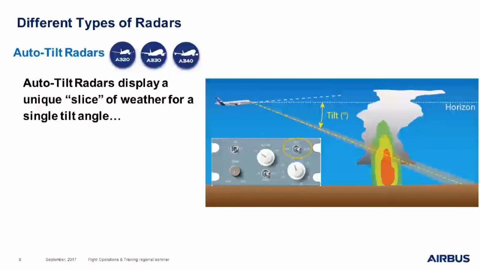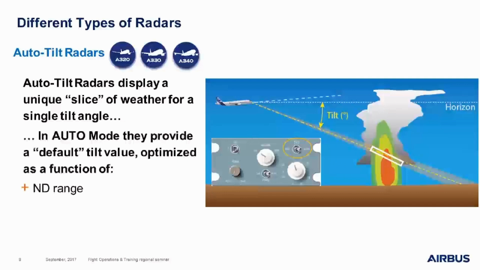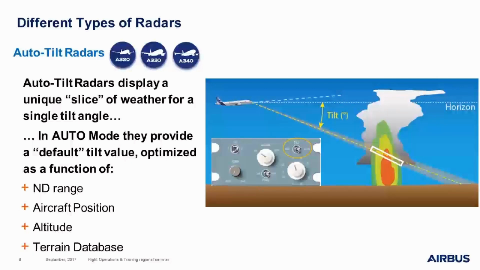Auto-tilt radars also display a unique slice of weather for a single tilt angle, a little bit like the manual radar. But the difference with manual radar is that in auto mode they provide a default tilt value, which is an optimized value as a function of ND range, aircraft position, altitude, and terrain database.